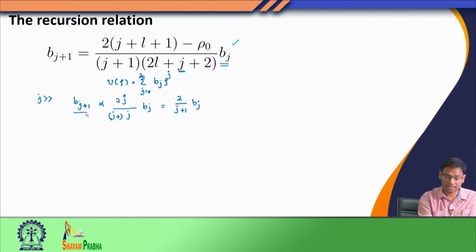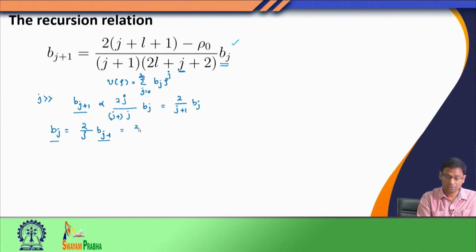In other words, I can write B j as, instead of writing 2 divided by j plus 1, I write 2 over j minus 1, where j plus 1 is replaced by j and j is replaced by j minus 1. You see, B j is expressed in terms of B j minus 1, but I know I can express B j minus 1 in terms of B j minus 2.